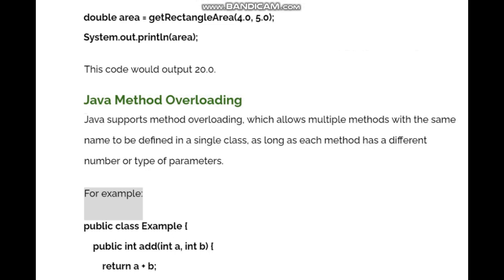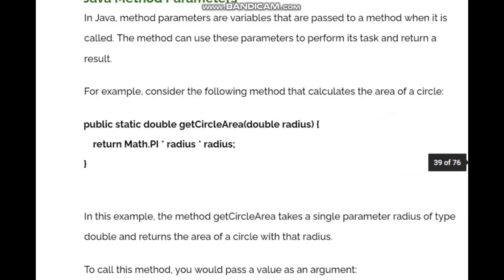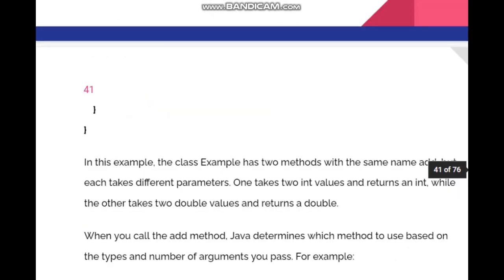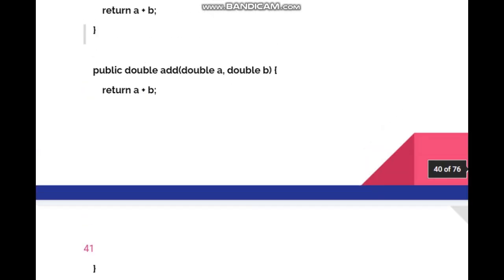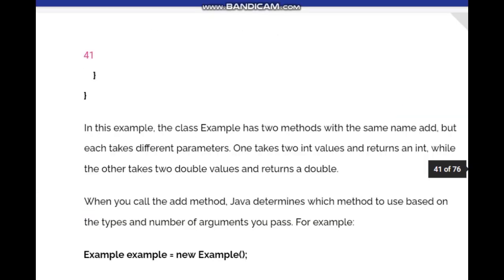public class Example { public int add(int a, int b) { return a + b; } public double add(double a, double b) { return a + b; } } In this example, the class Example has two methods with the same name add, but each takes different parameters.